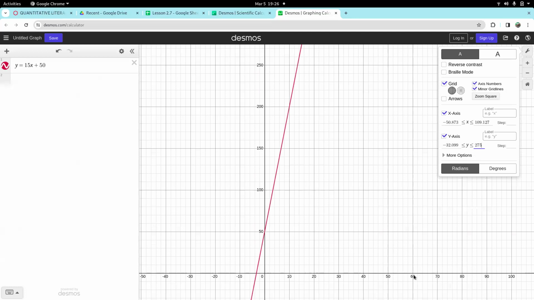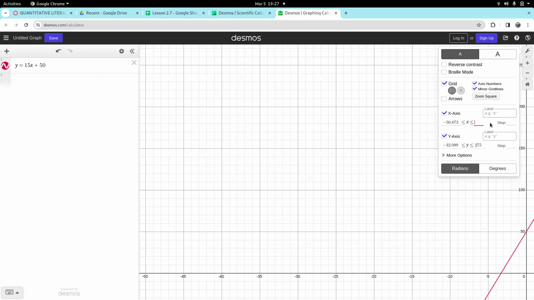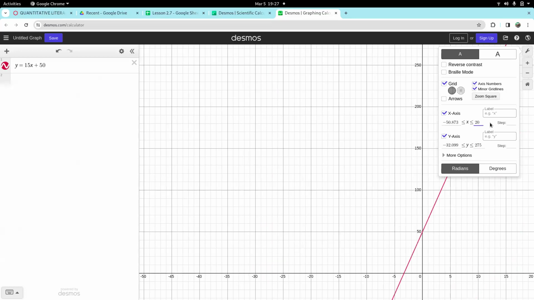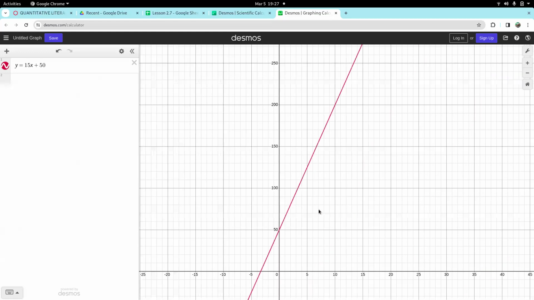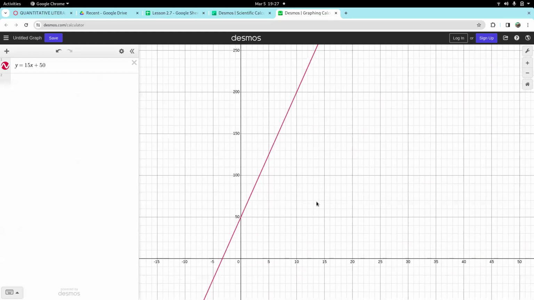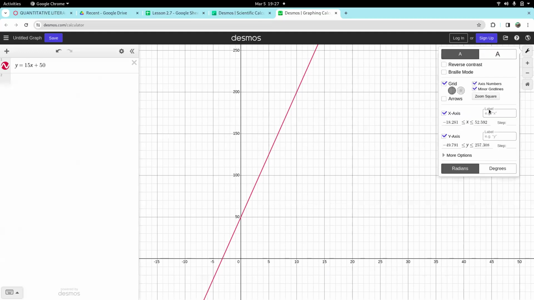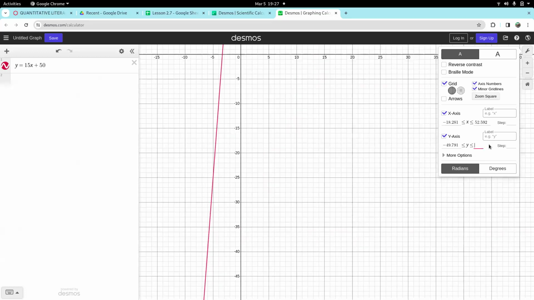And I'm not making 60 shirts. So for X, I could delete that and say, I'm only going to make like 10 to 20 shirts. And so I can redo how that graph looks to suit my needs. And again, if it doesn't work the way you want, then just go back and edit and try a different number. So maybe I want it to go up to like 350 instead.